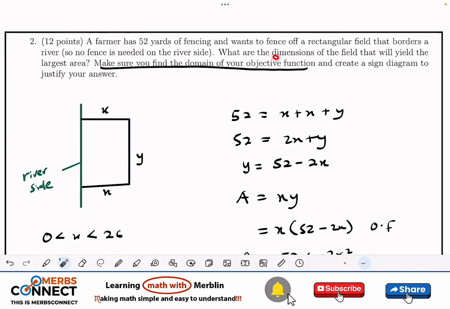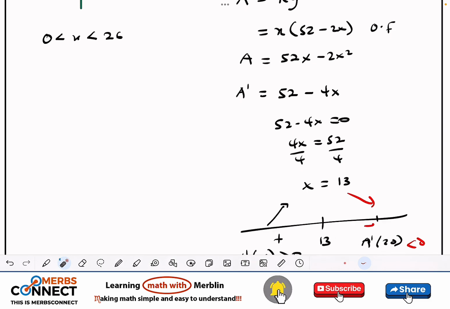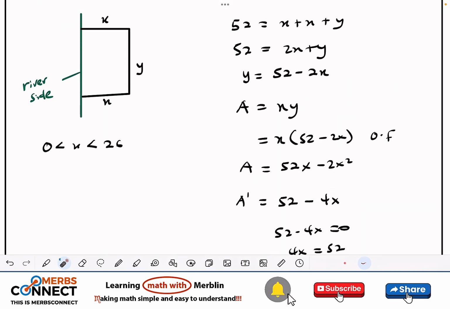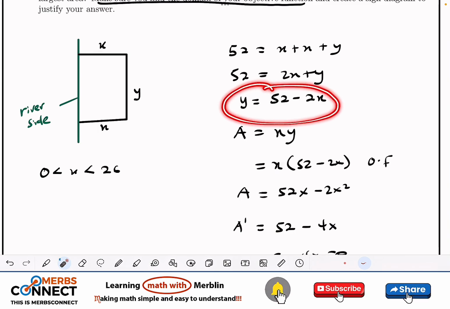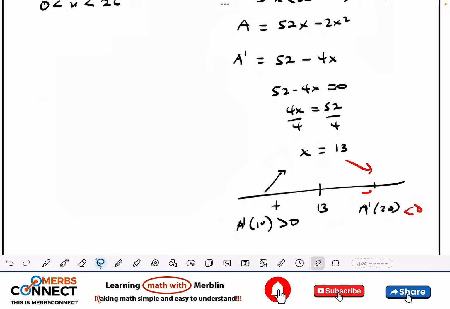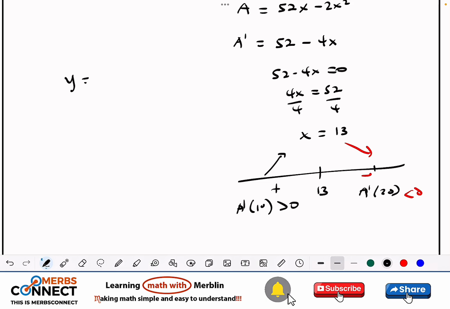Now let's find the dimensions. Since we know that x equal to 13 is going to maximize the function, what will be the dimension? We know that y is equal to this. So we just pick this guy here and then find y. So y is equal to 52 minus 2x. Now we know that x is 13, right?